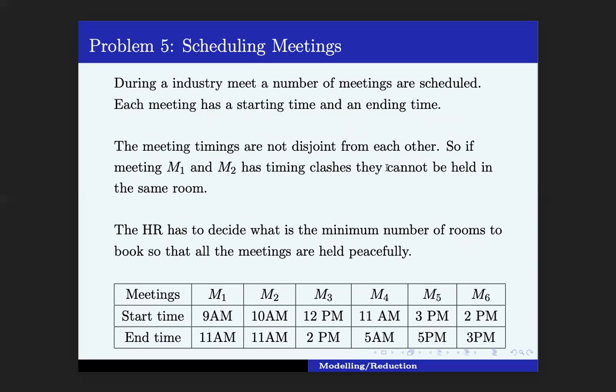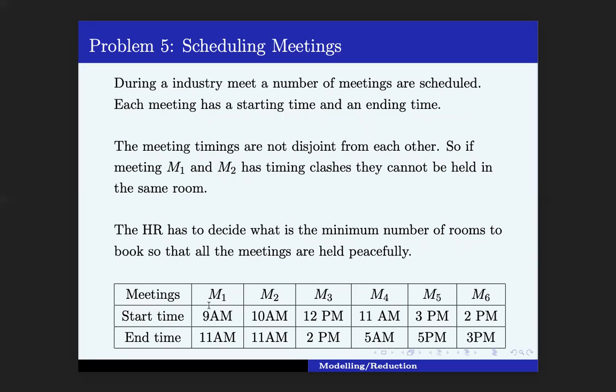This is something that you might have already seen in your assignment. It's called the scheduling problem, where you are supposed to schedule meetings. Say you have joined a company, and you have been told that there are these 6 meetings that have to be held.